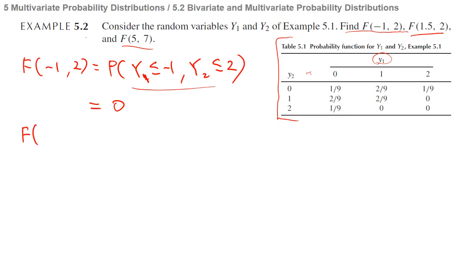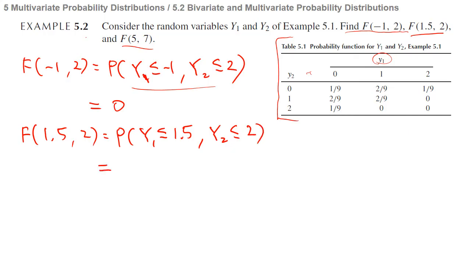And what about F of 1.5, 2, which is the probability of y1 less than or equal to 1.5, y2 less than or equal to 2? For this one, 0, 0 is inside of here.